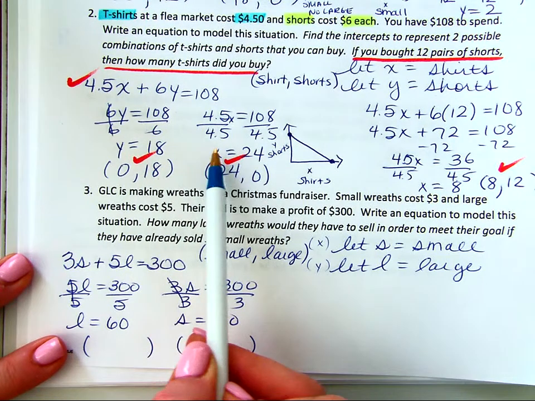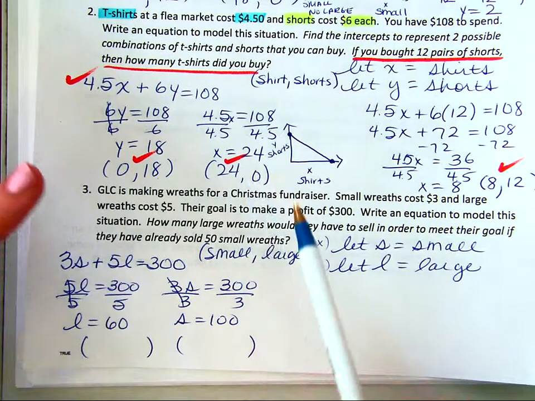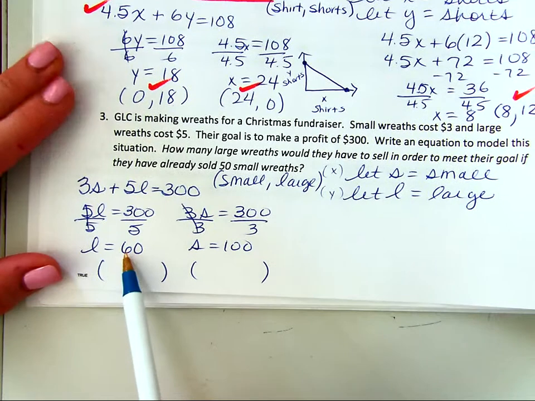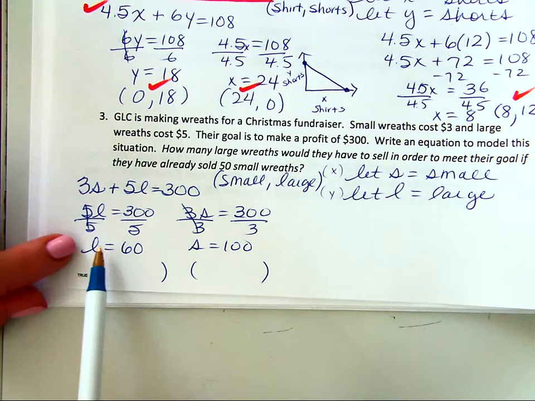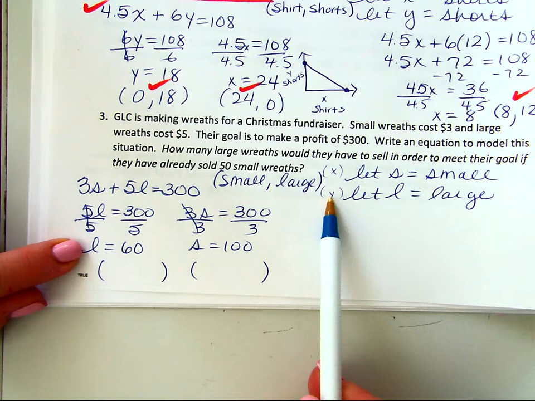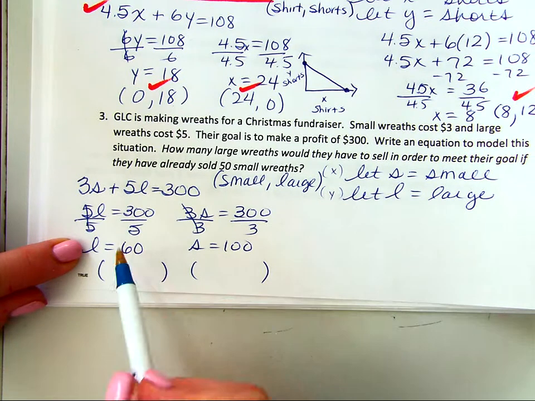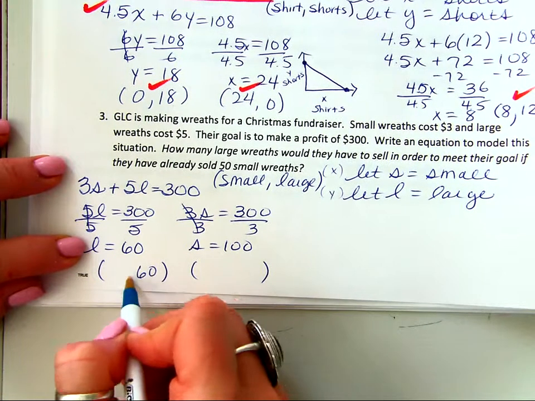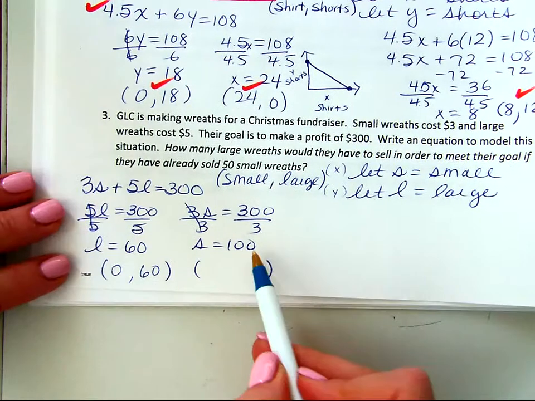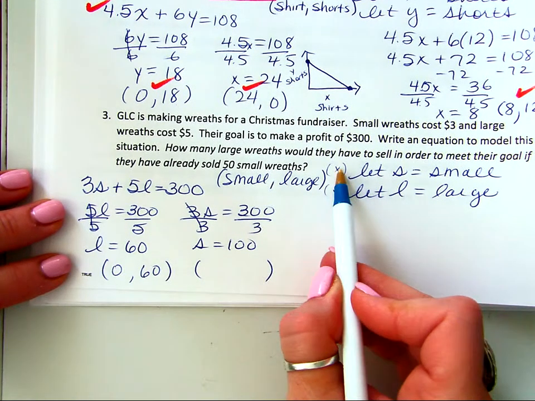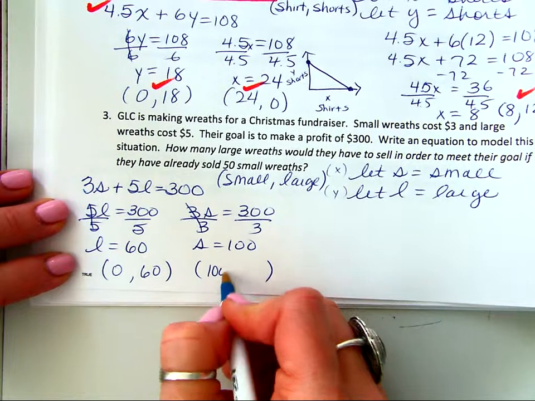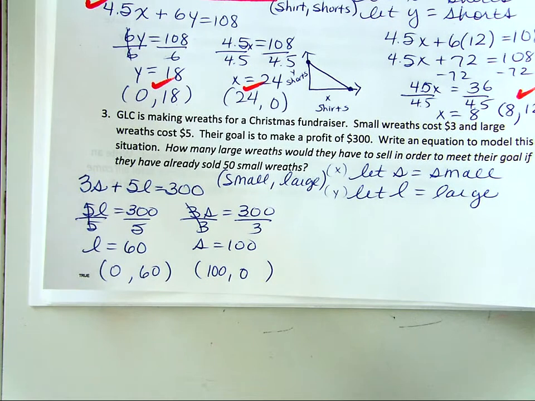But if you get to this point and you look up here, oh, L is the y, so this goes here, and S is the small, which is the x.